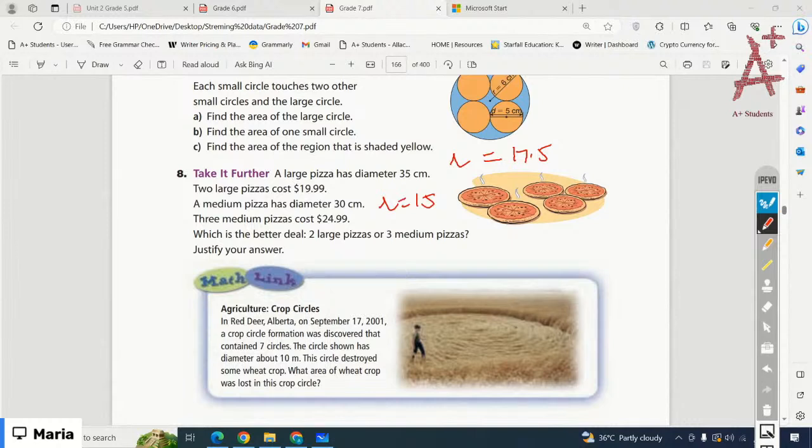Let me do it in the calculator. Pi r square, 17.5 square times pi, the area of this circle is 962.11. And the area of this circle would be 706.86. So the deal is you can buy two large pizzas or three medium pizzas.